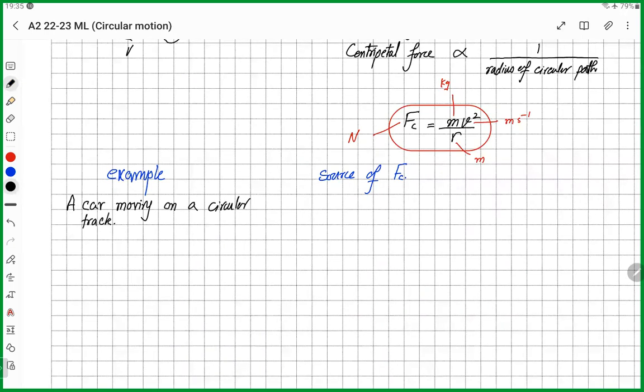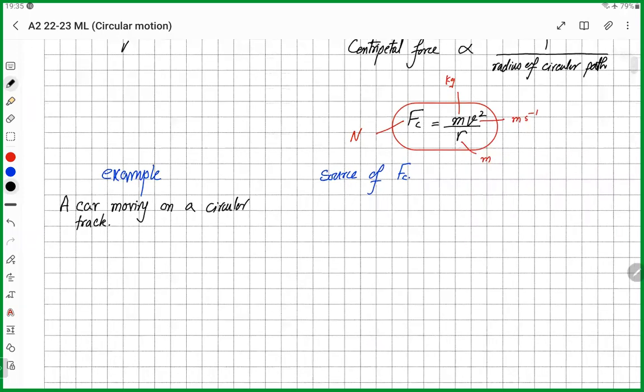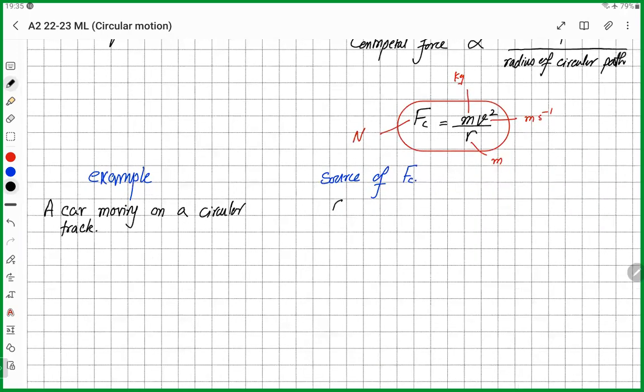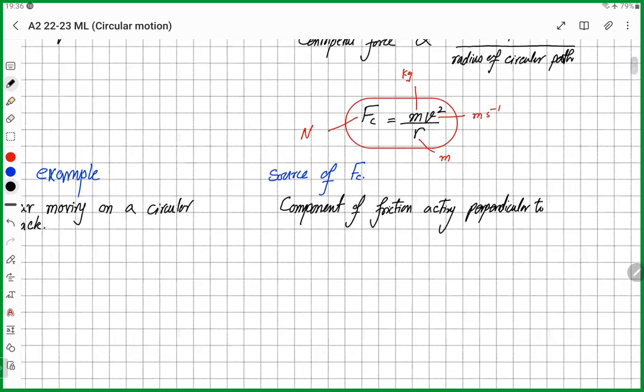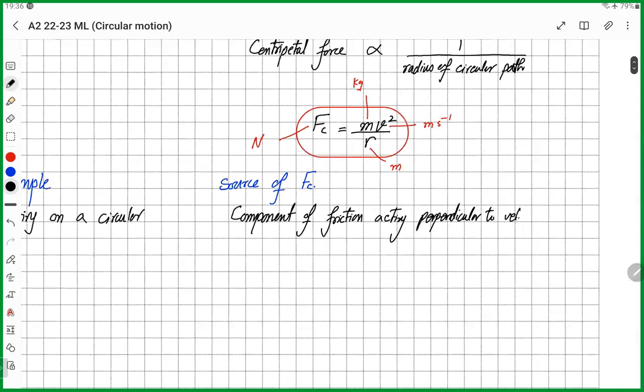What provides centripetal force? Answer is component of friction acting perpendicular to velocity.